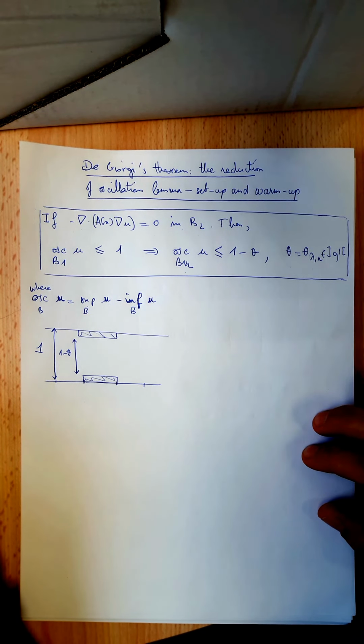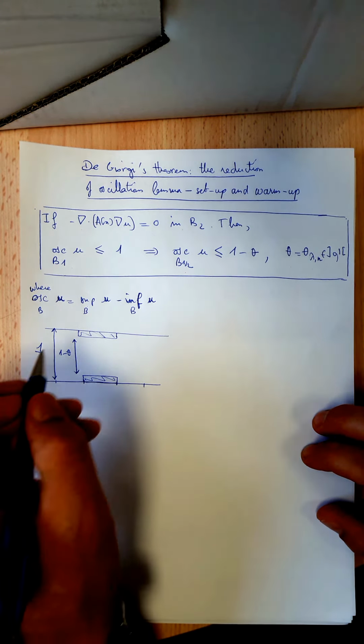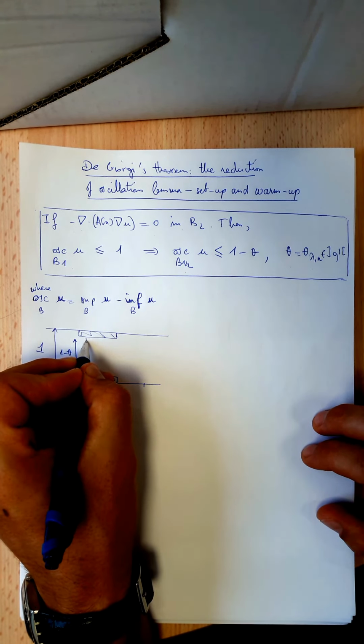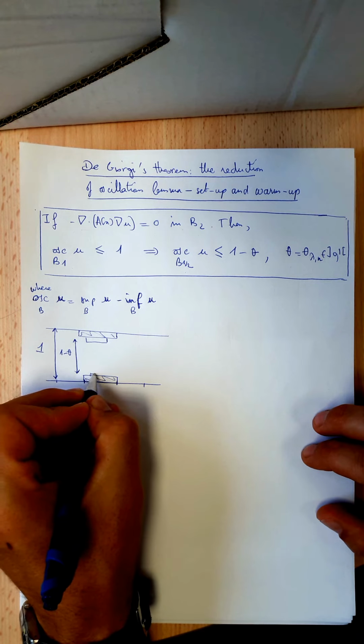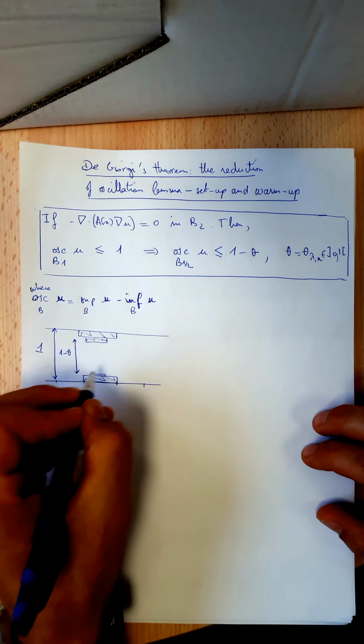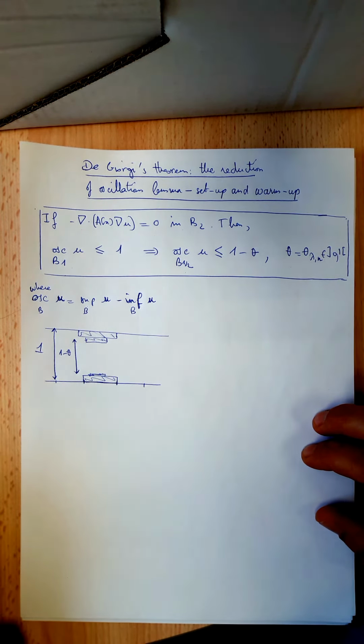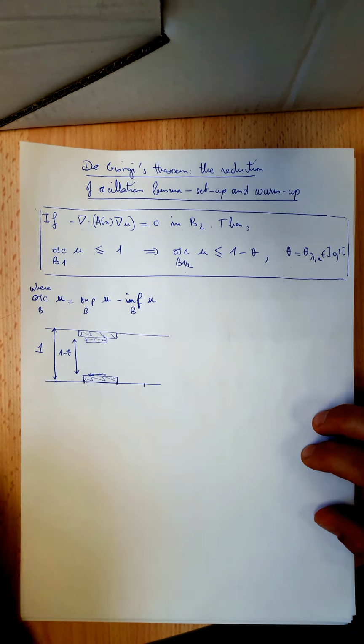And of course, since the equation is scale invariant, we can repeat this procedure and say that now we work in the ball of size 1 minus theta, and at the next step in the ball of radius 1/4, again we will have a piece of the plane here which is going to be excluded from the graph of the function.